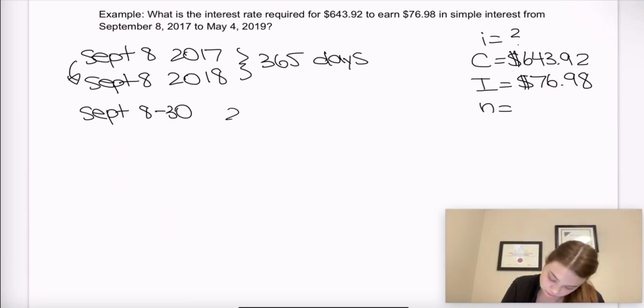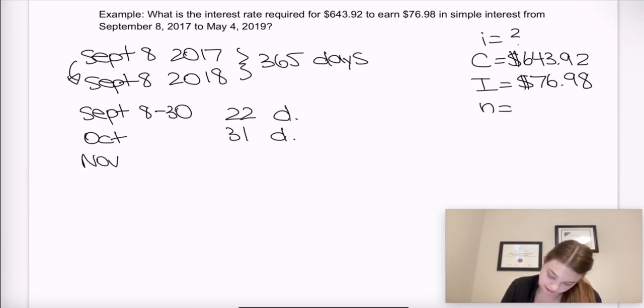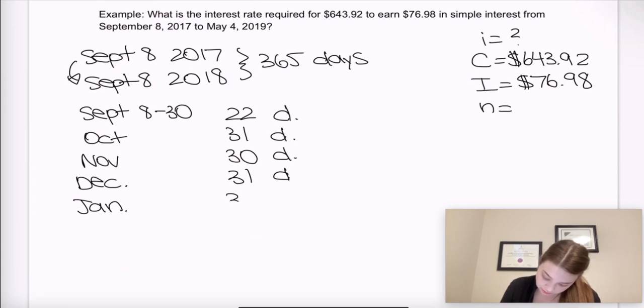So 22 days. Then for October, it's going to be 31 days. November has 30 days. December has 31 days. January has 31 days. February has 28 days.